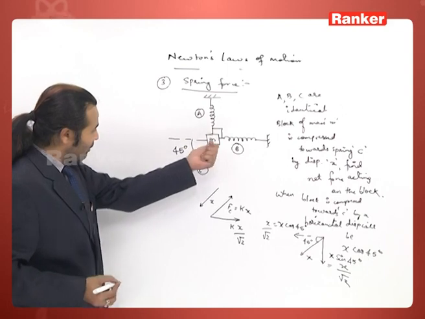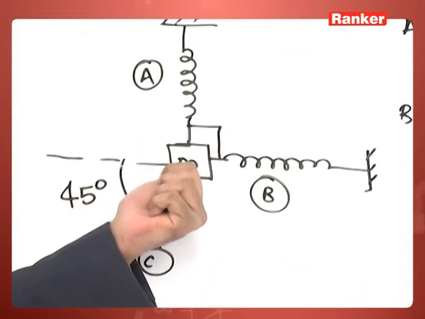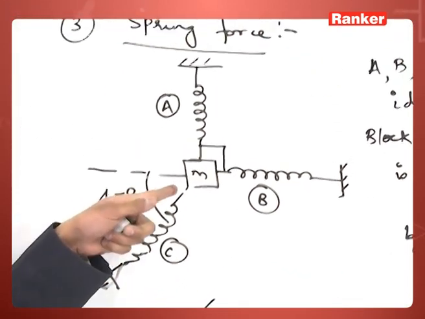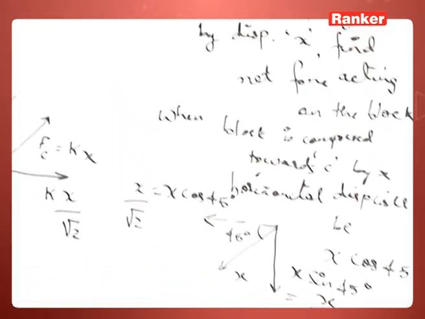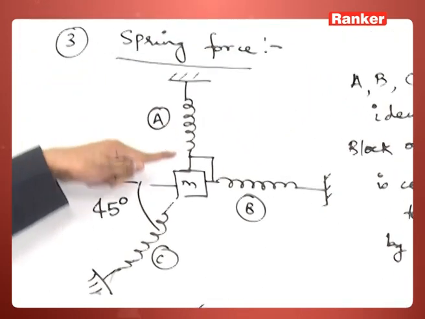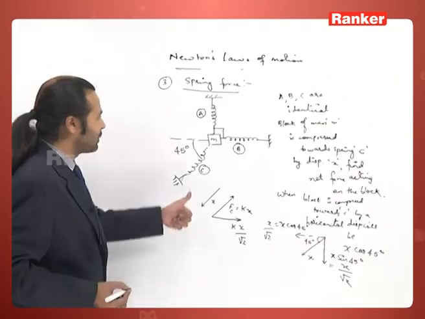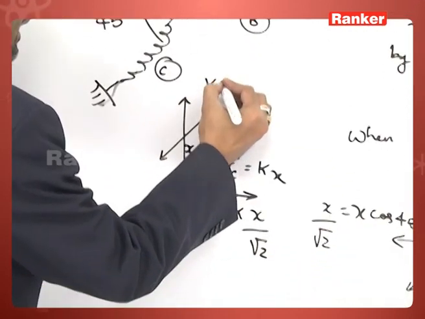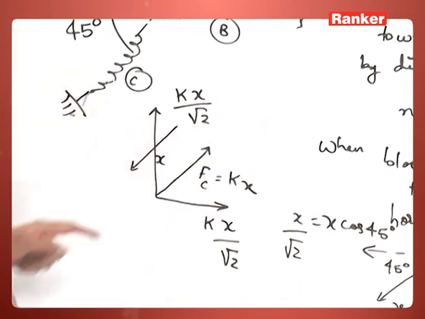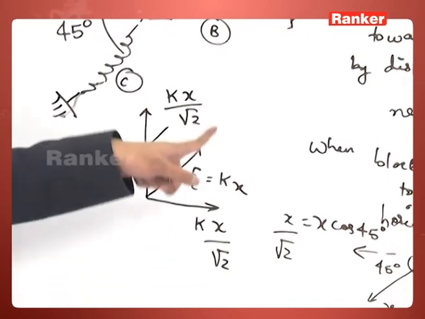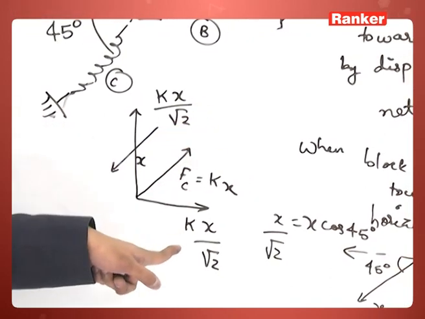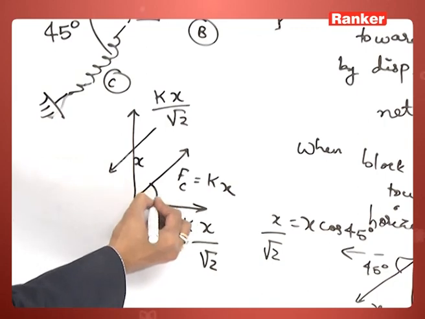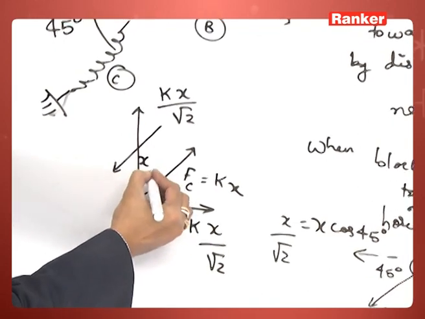Now, when the block is compressed towards C by x, the vertical displacement is x by root 2. That means spring A is extended by x by root 2. The spring force on A will be like this, kx by root 2. Now there are three forces: kx, kx by root 2, kx by root 2. Since this is 45, obviously this will be 45.